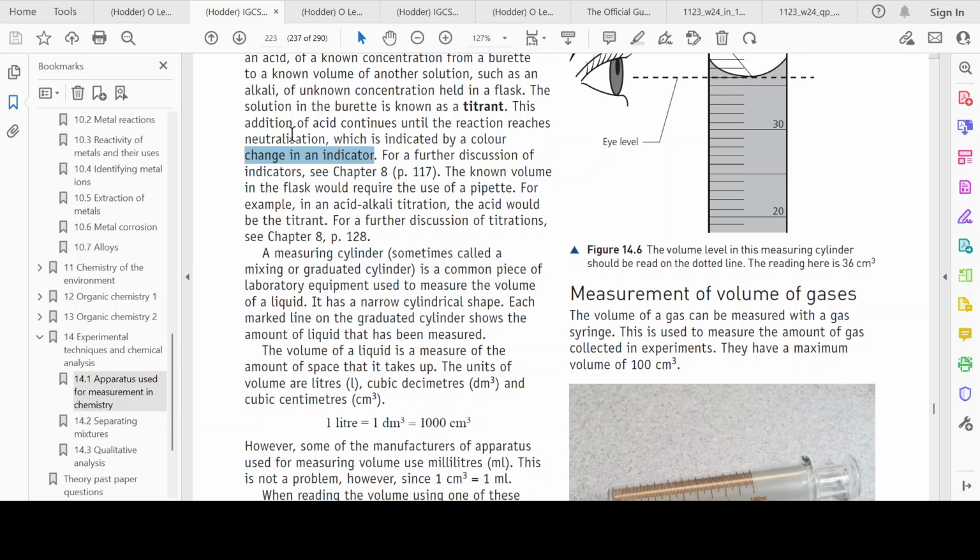Right, and then indicators, you've talked about those in chapter 8. They're different ones, and so you add an indicator to the alkali, and when you're adding the acid, the closer it gets to the point of neutralization, the color will change. You start seeing a color change until it comes to the exact point where a color change occurs, and that is the exact point where neutralization of all of the alkali has been achieved by the acid.